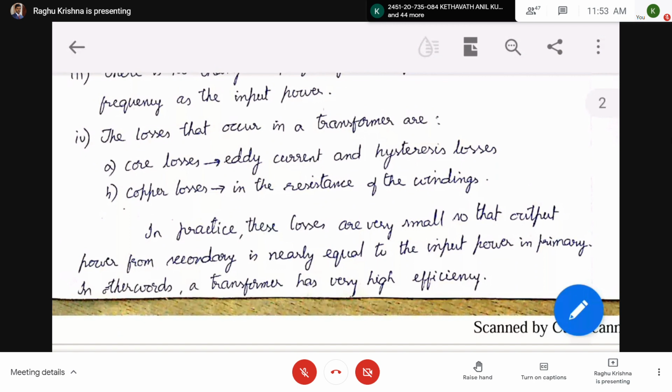The area under the hysteresis loop is proportional to hysteresis losses. If you use high grade steel like CRGO steel, then the area of the hysteresis curve can be reduced, and hysteresis losses can be reduced.